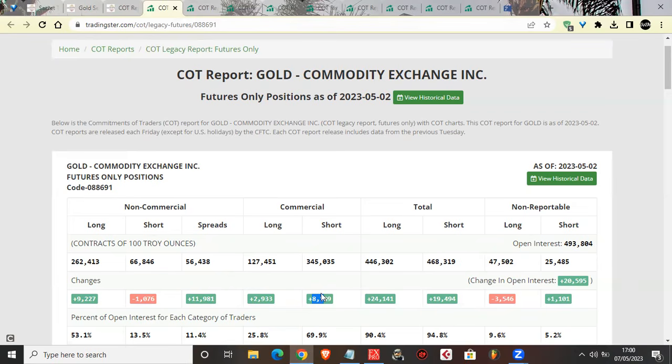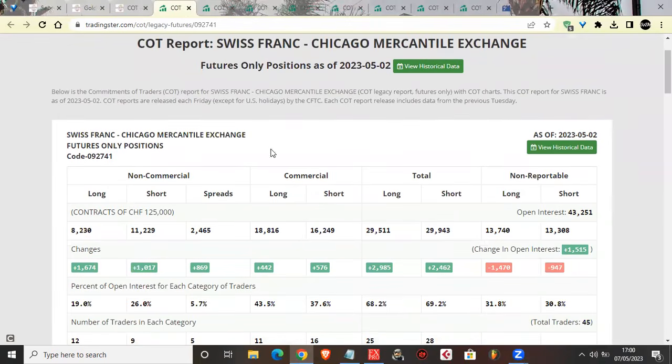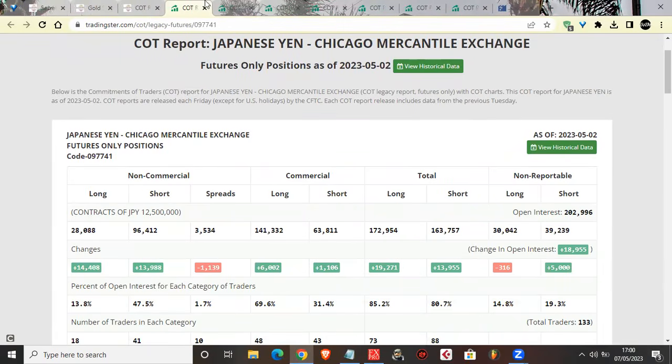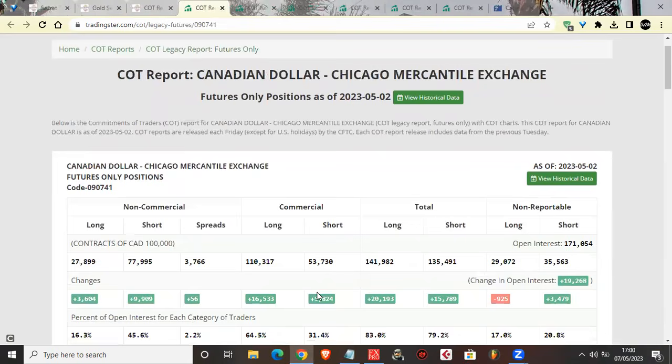So with these guys, because this position isn't looking one-sided, and it has to be a big number as well, not just any small number, I'm just going to let that slide. The next thing is Swiss franc doesn't have big numbers. Their bias is on both sides. This Japanese yen also, I mean, these trades could ideally play out, but the truth is I just like it to be one-sided.